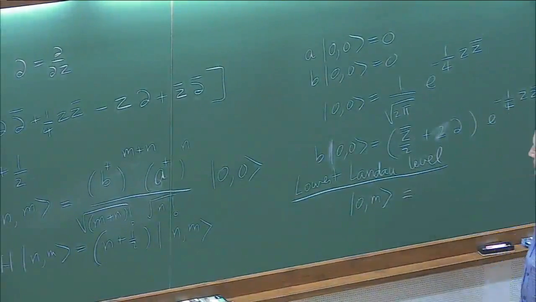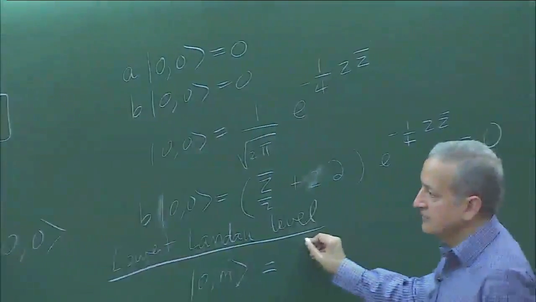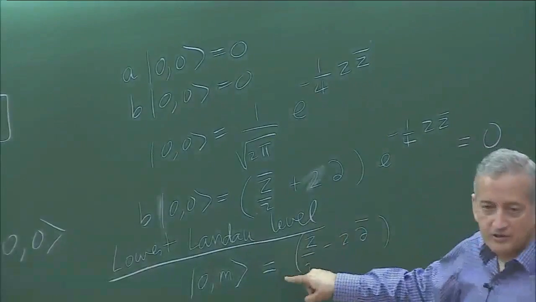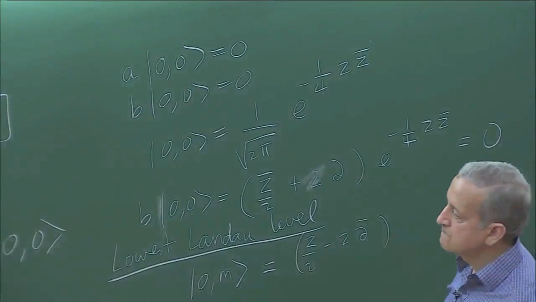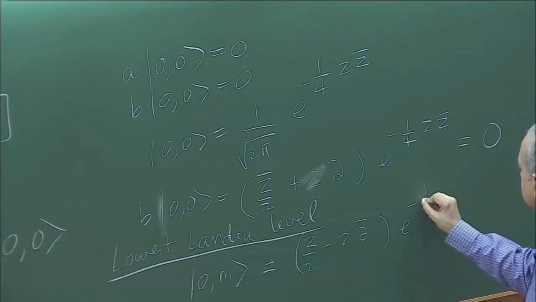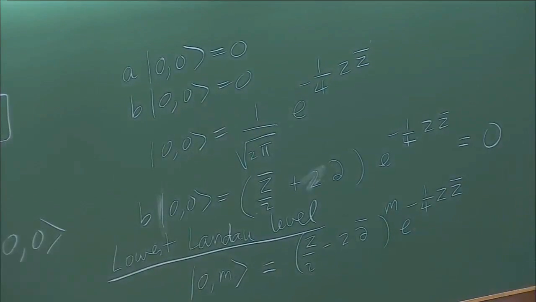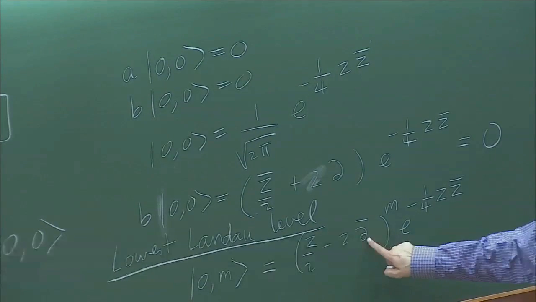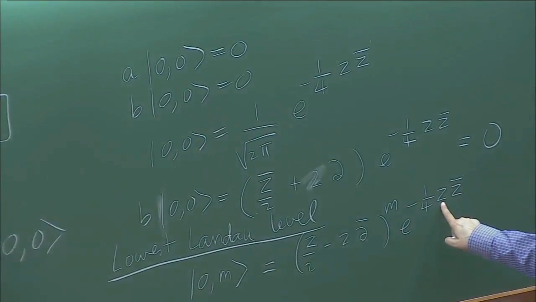The form of this is given as follows. So I have to apply B dagger, which is z over 2 minus 2 del bar. So I'm not worrying about the normalization constants. So you see, if you act with a single power of del bar, it pulls out a factor of z.